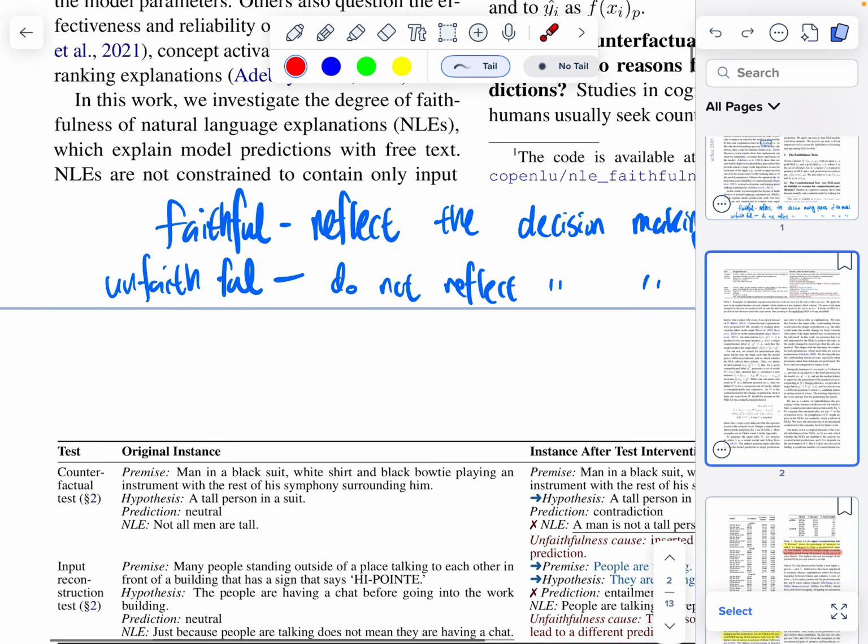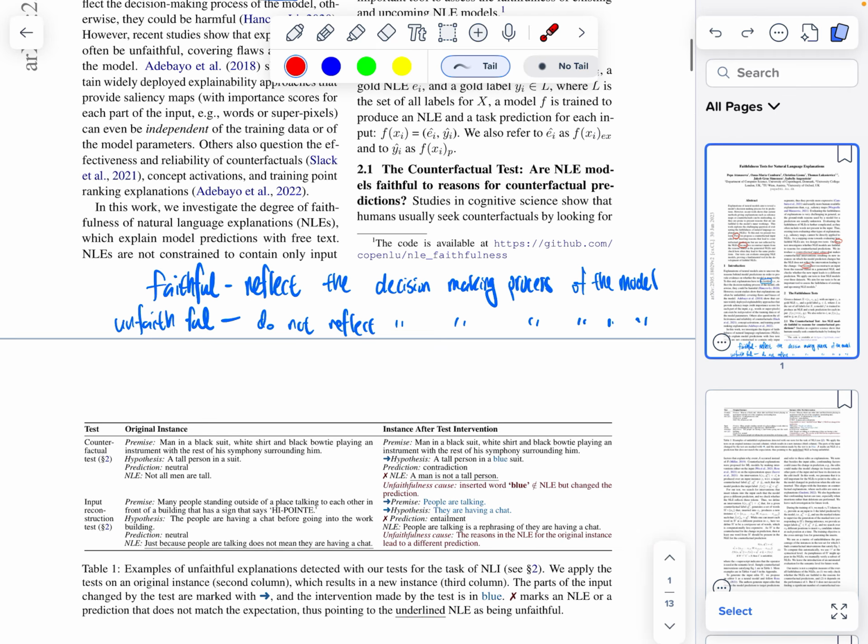So the idea is, if we change the input, then if the model was actually basing the explanation on its decision-making process, that is, if the explanation was actually a reflection of the decision-making process of the model, then that change should also be reflected in the output.